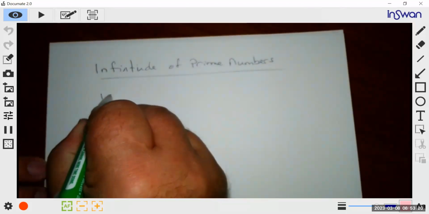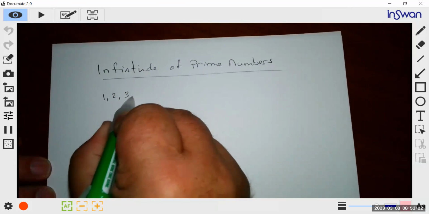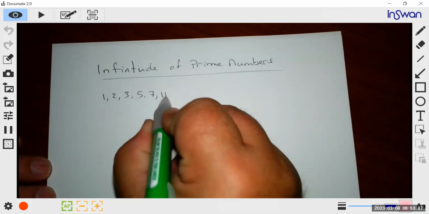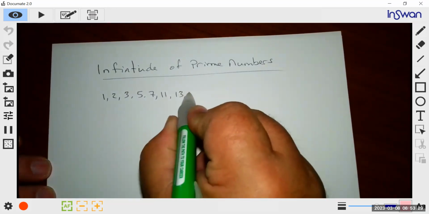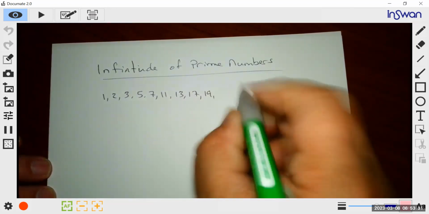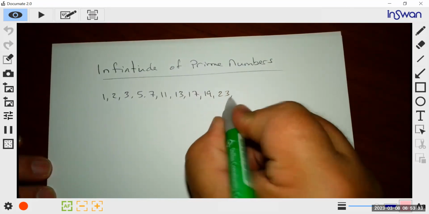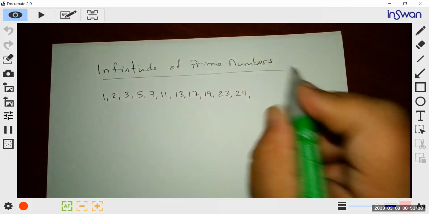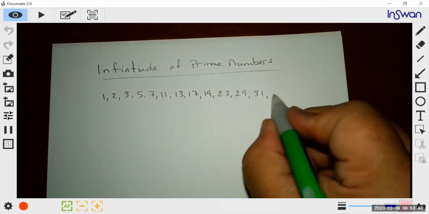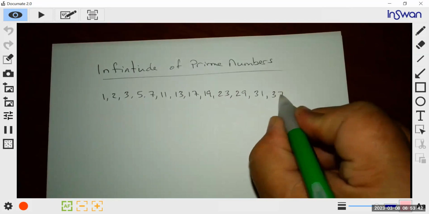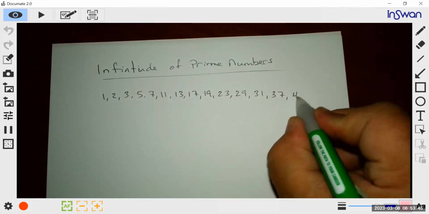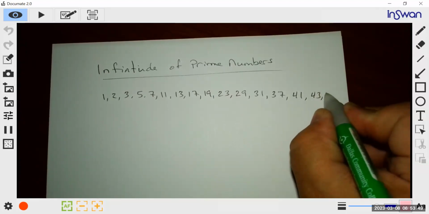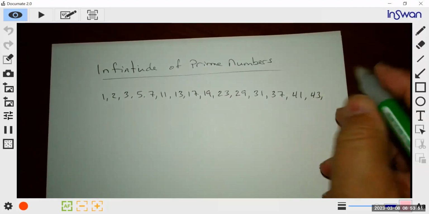We start off with 1, then 2, 3, 5, 7, 11, 13, 17, 19, 23, 29, 31, 37, 41, 43, and so on and so forth.